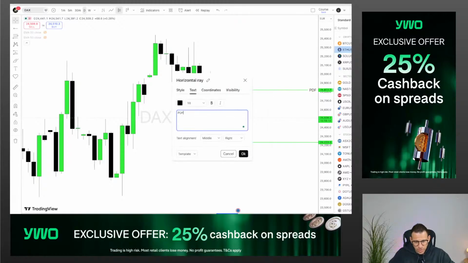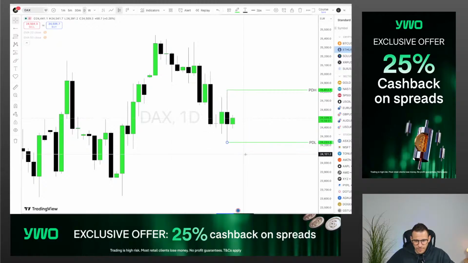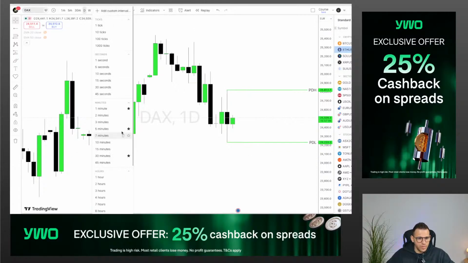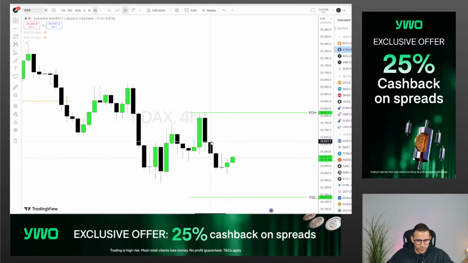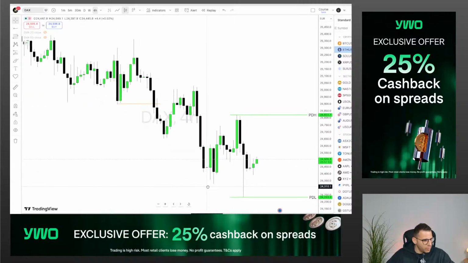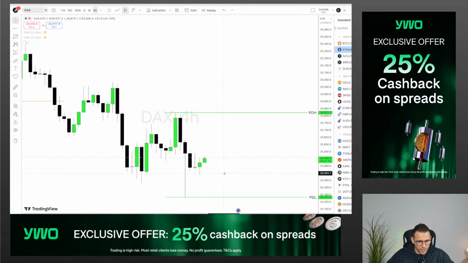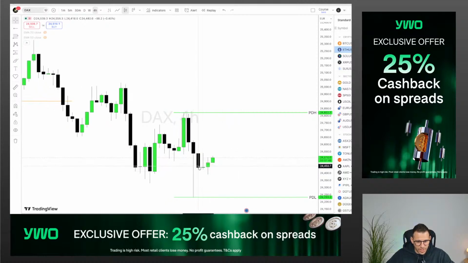So that's PDH, and that's PDL, right? 4 hour, the price here is trading inside this bearish candle with a long lower tail that rejected the support, and maybe we're gonna get a double bottom reversal.